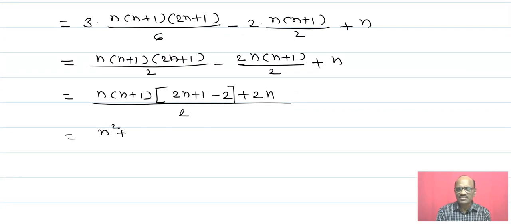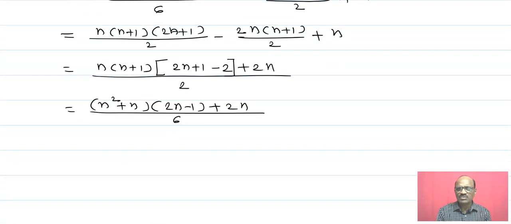Now simplify this, n square plus n in the first bracket and second bracket is 2n minus 1 plus 2n upon 2. There must be 2.